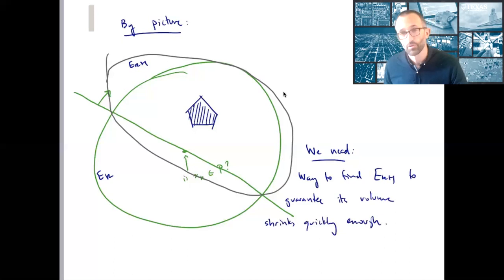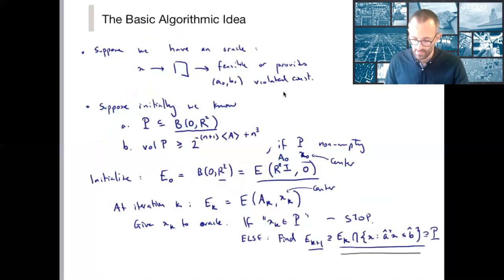Well, if, for example, you could show that it shrinks by a constant factor every time, then let me flip back and see, now you can see why we had assumption B here.